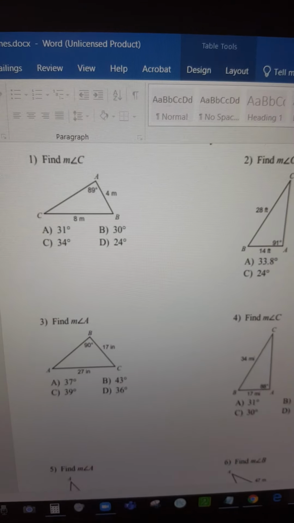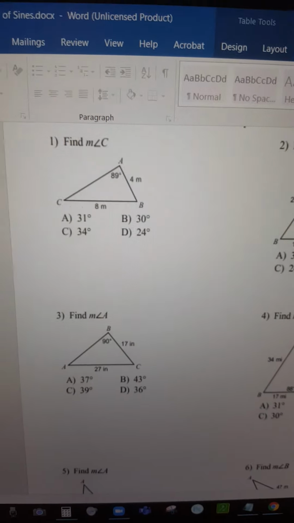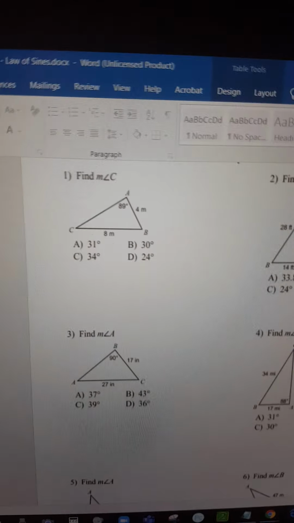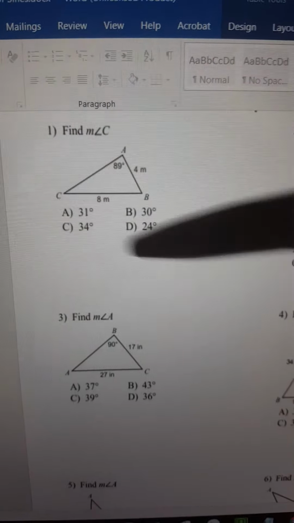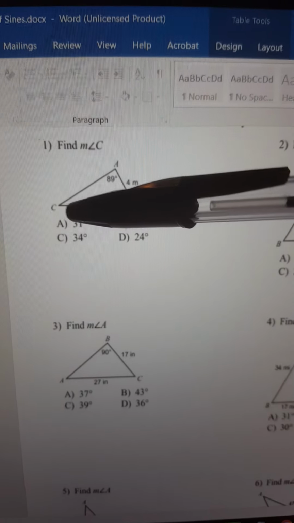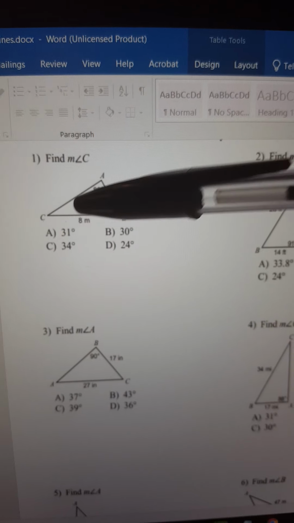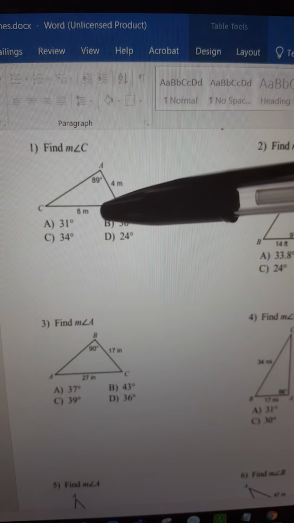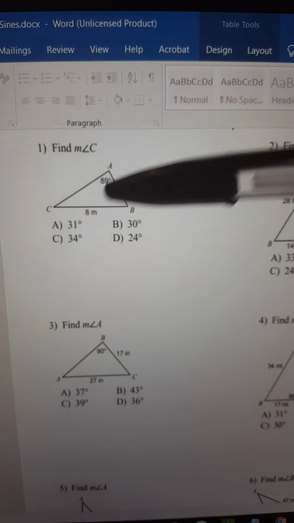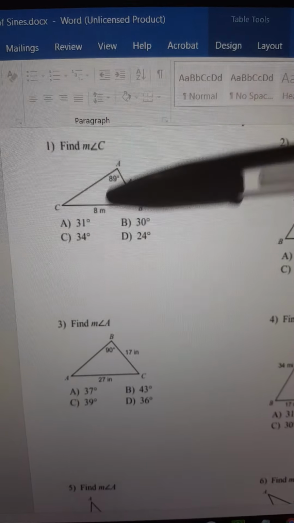Anyway, what I will do is go over a couple of these from the quiz for y'all. So let's look at number 1 here. You're looking for angle C. We have angle A is 89 degrees, and this is right across from this side right here.